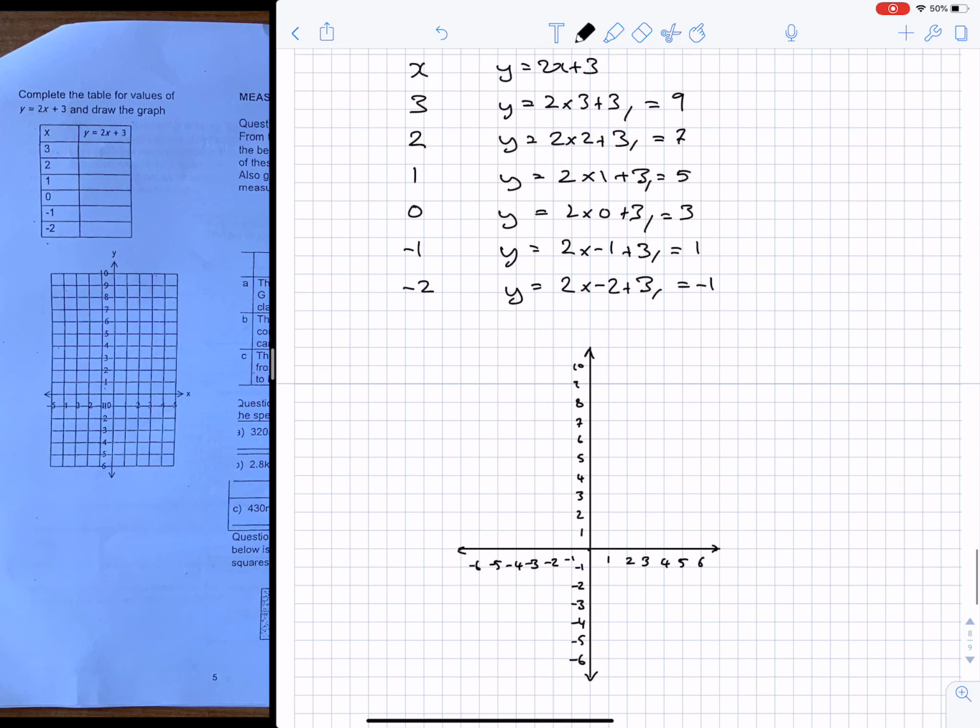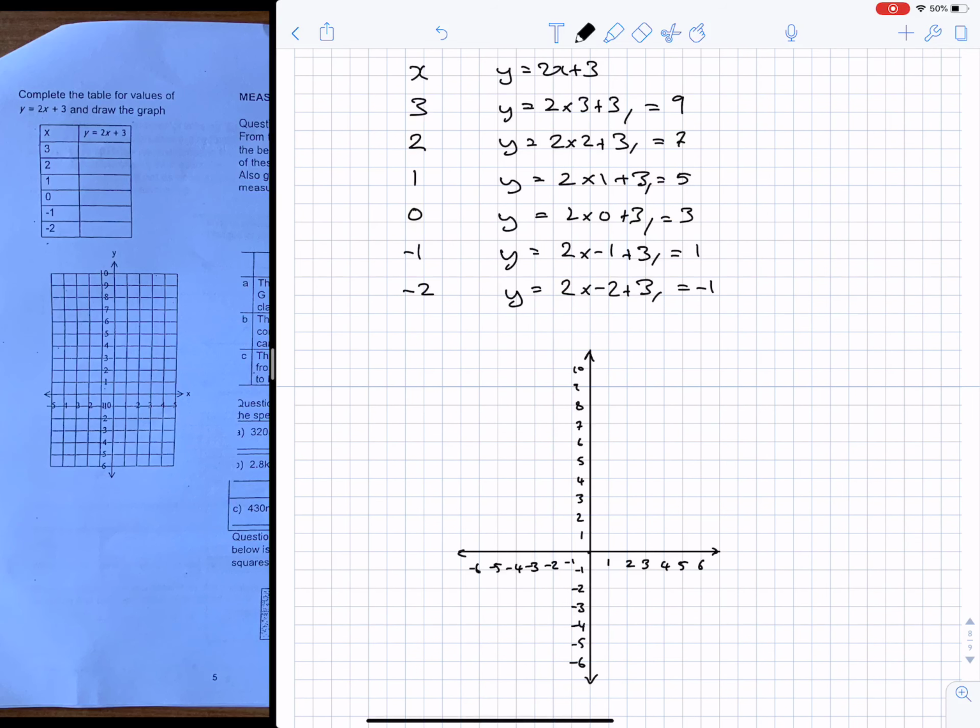So when x equals 3, y equals 9. When x equals 2, y equals 7. When x equals 1, y equals 5. When x equals 0, y equals 3. When x equals negative 1, y equals 1.